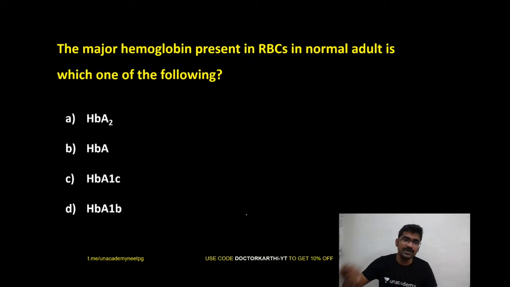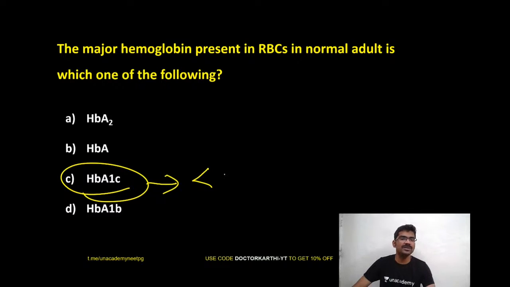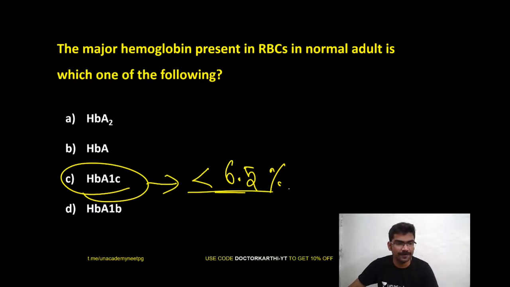Okay, HbA1c is the most abundant glycated hemoglobin. Normally less than how much percentage, guys? Less than 6.5 percentage should be there. If the HbA1c is more than 6.5 percentage, that indicates the person is suffering from diabetes mellitus. Right?